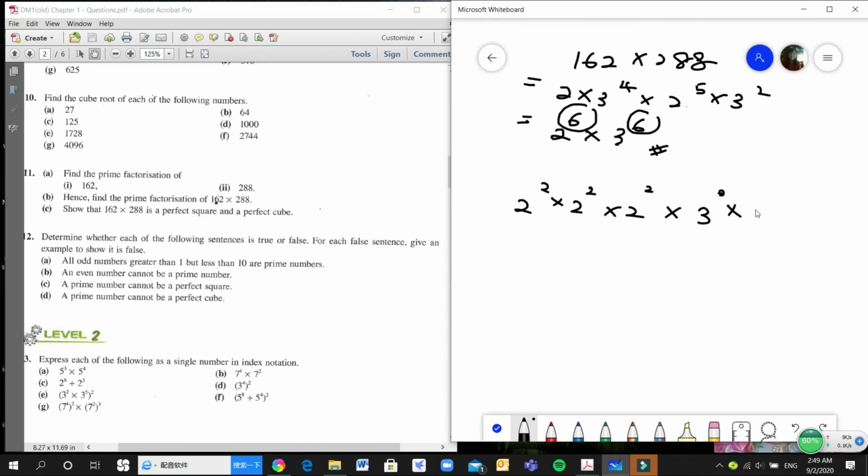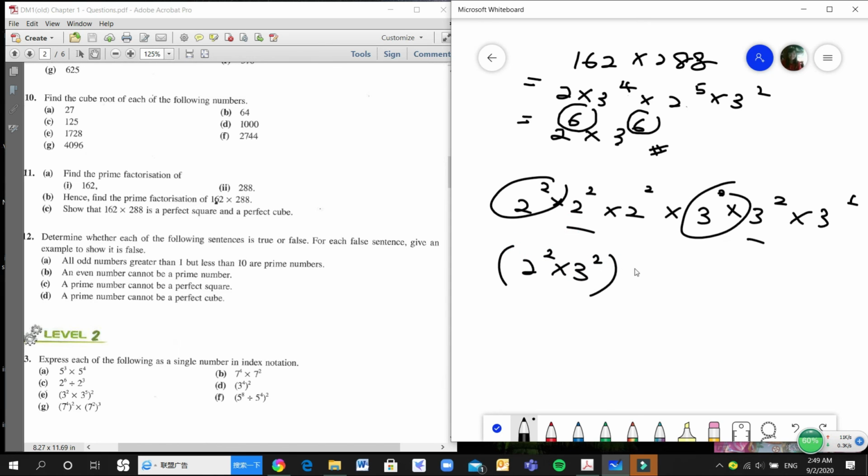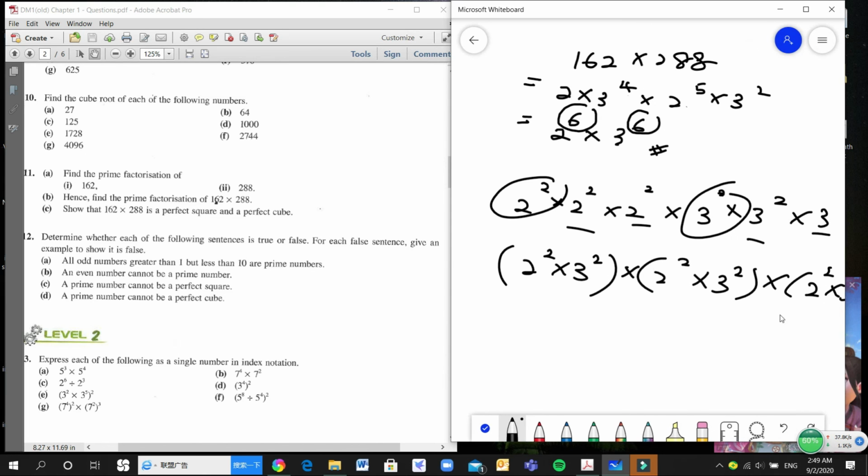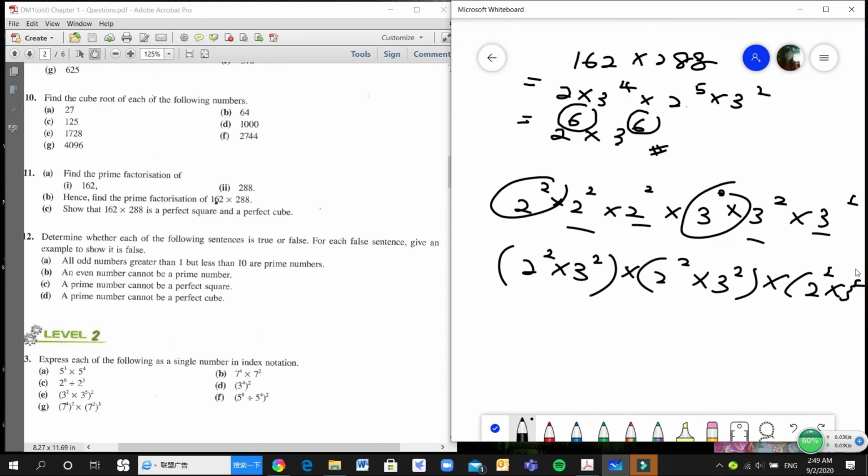So I divide it like this, and then I make them one group, this one group, this one group, then this will be the last group. Oh, sorry, 3 squared. Okay, so you can see there are 3 similar groups, right? So I can say this is a perfect cube number.